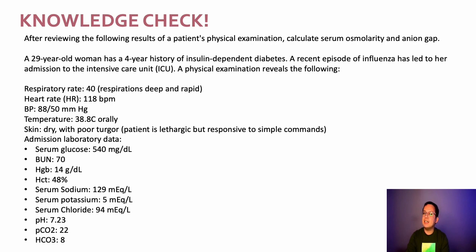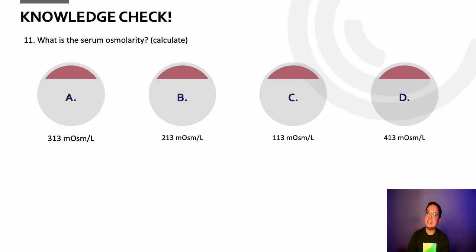Skin dry with poor turgor, patient lethargic but responsive to simple commands. Admission labs: serum glucose 540 mg/dL, BUN 70, hemoglobin 14 g/dL, hematocrit 48, serum sodium 129 mEq/L, serum potassium 5 mEq/L, serum chloride 94 mEq/L, pH 7.23, PCO2 22, HCO3 8.